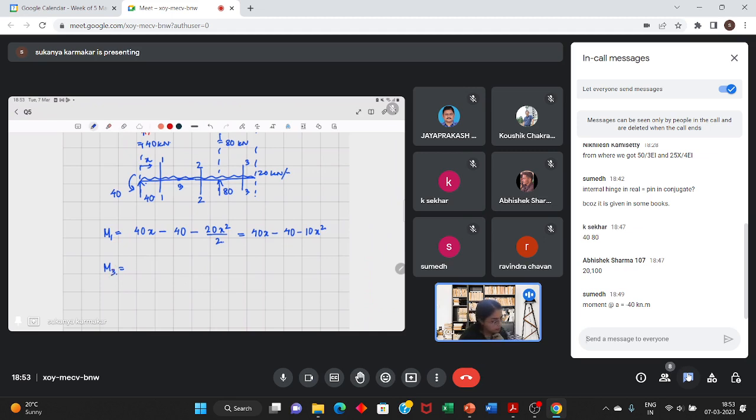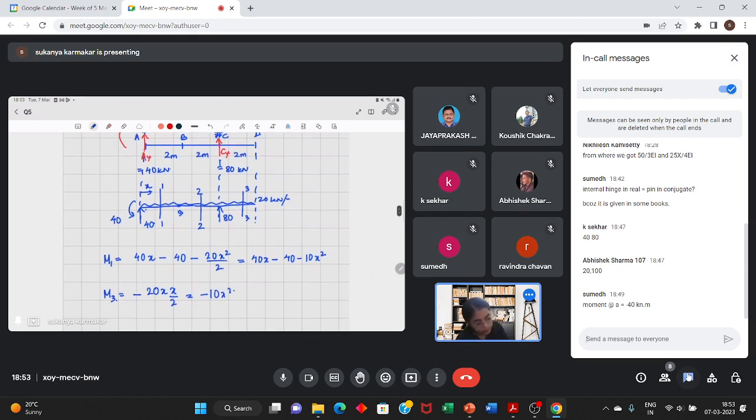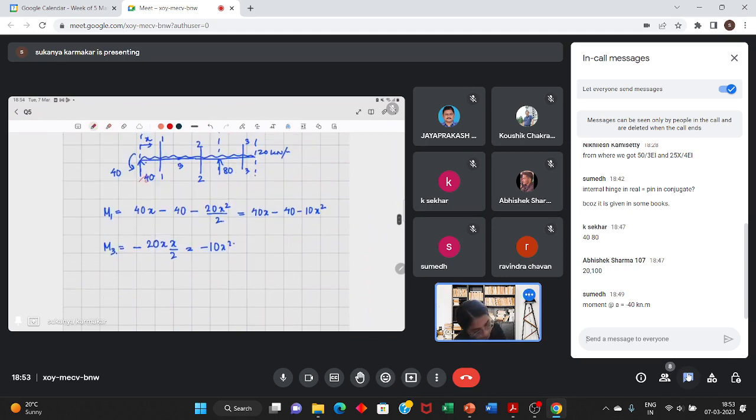So M3 will be, so it's basically an overhang. So it will be minus W, which is 20, into X into its CG, which is X by 2. So it is minus 10x square. So now I'll be drawing the bending moment diagram.